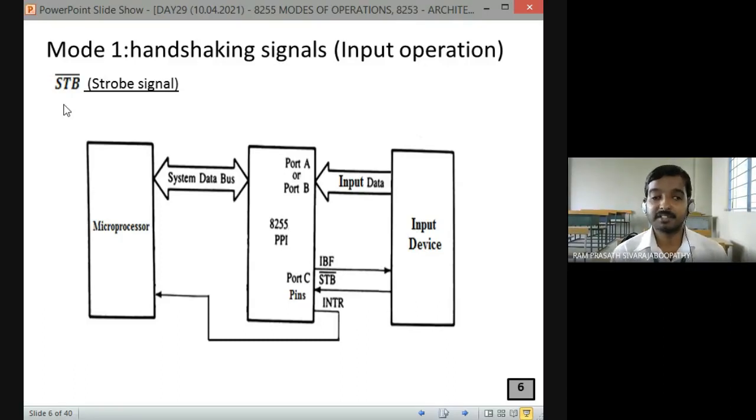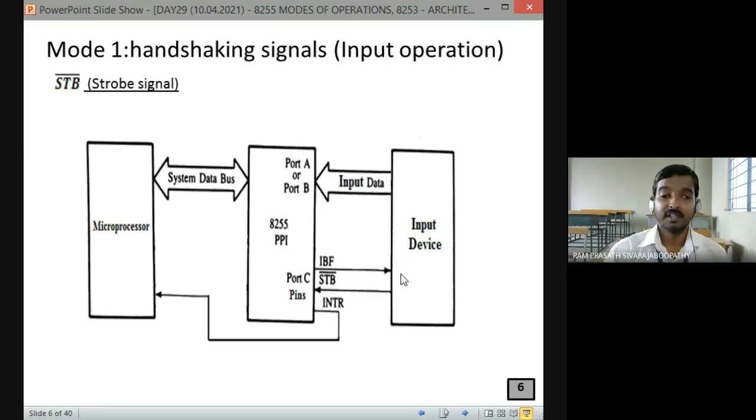If the input device is ready, you will have proper data. Correct? In mode 1, who is initiating the data transfer? The input device. Whenever there is a change in the input device data, it tells the 8255 IC that I have data for you. Correct? Yes or no?